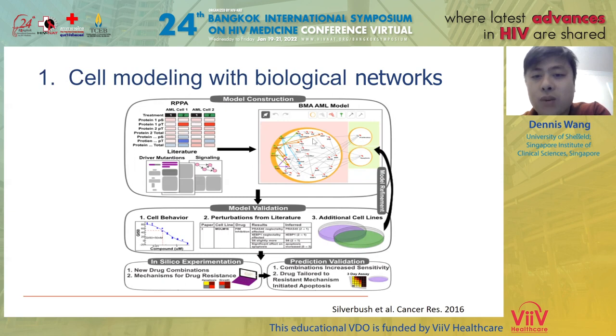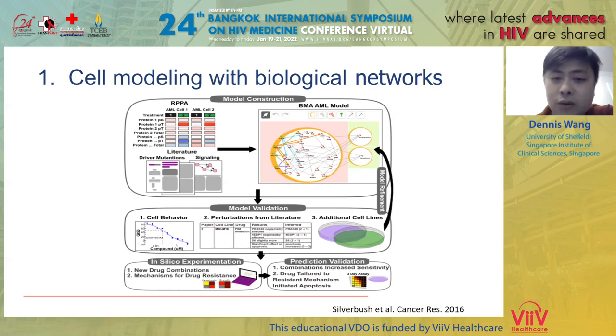And you can perturb these processes. For instance, you can hypothesize that there's a drug that targets a particular component, like a protein in this network, and then observe computationally how the cell's fate might change given a perturbation by a potential drug.